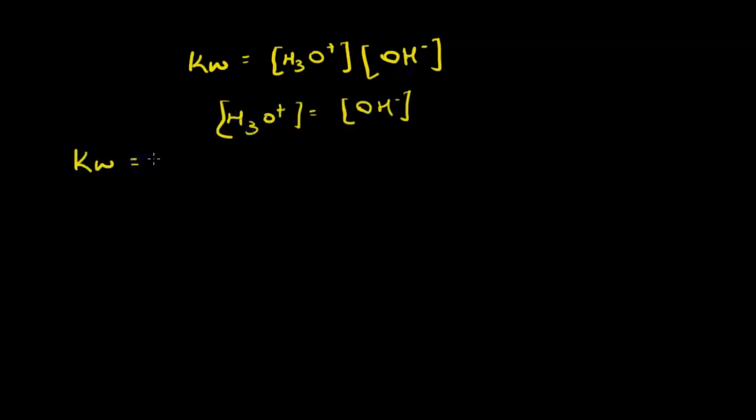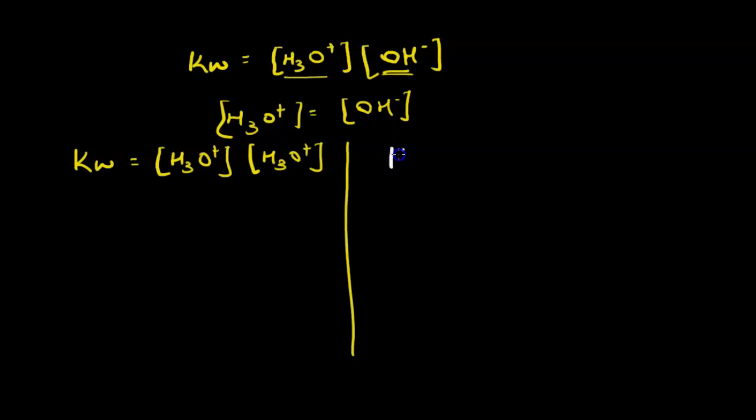And we know Kw is equal to the concentration of H3O positive ions times the concentration of OH negative ions. Since both of these concentrations are equal, we can write Kw in 2 different ways. One is, in place of OH negative ions, we can put H3O positive ion.